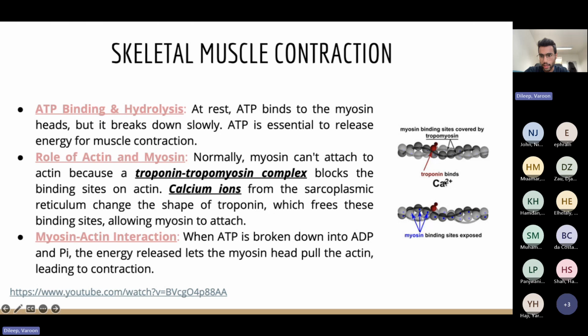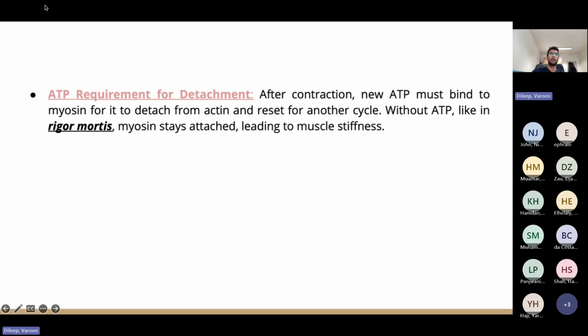Then when the calcium is released from the sarcoplasmic reticulum, the myosin sites are exposed, allowing them to attach. After the contraction happens, we need another ATP molecule to allow the myosin to detach from the actin and allow another cycle to begin.